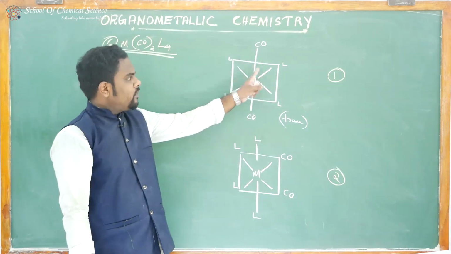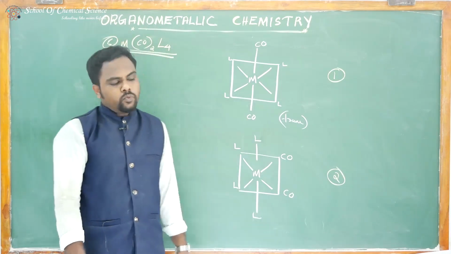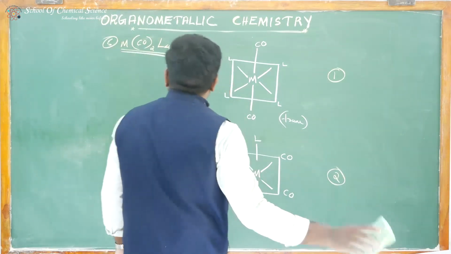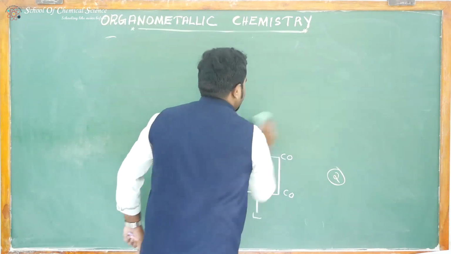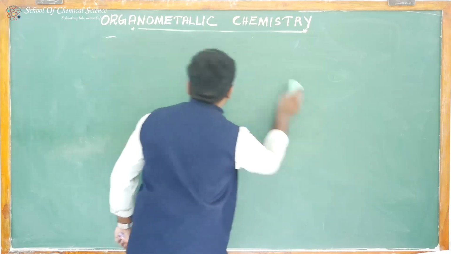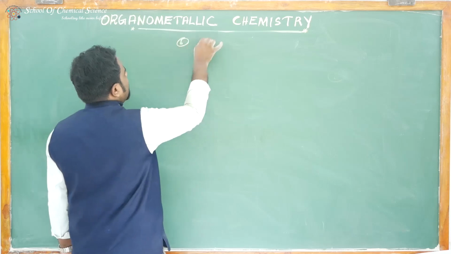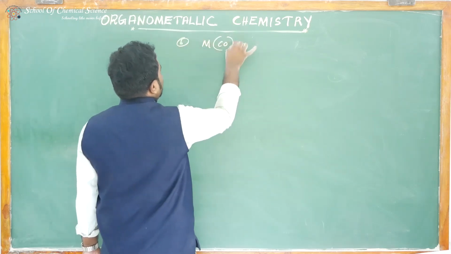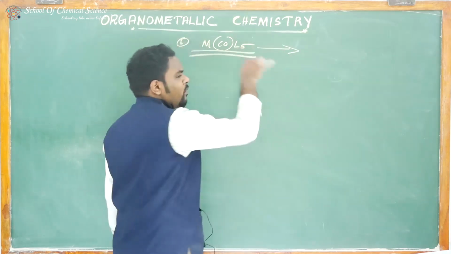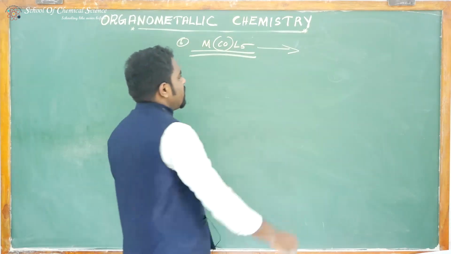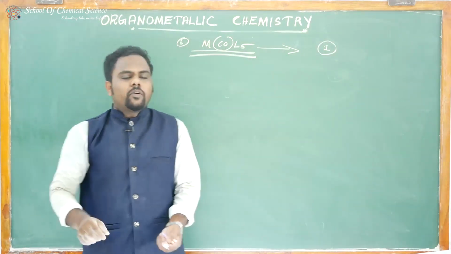Okay, then the last case, the sixth one, MCO L5. You know, for all monocarbonyls, irrespective of the geometry, only one IR band. So that's all about the different cases.